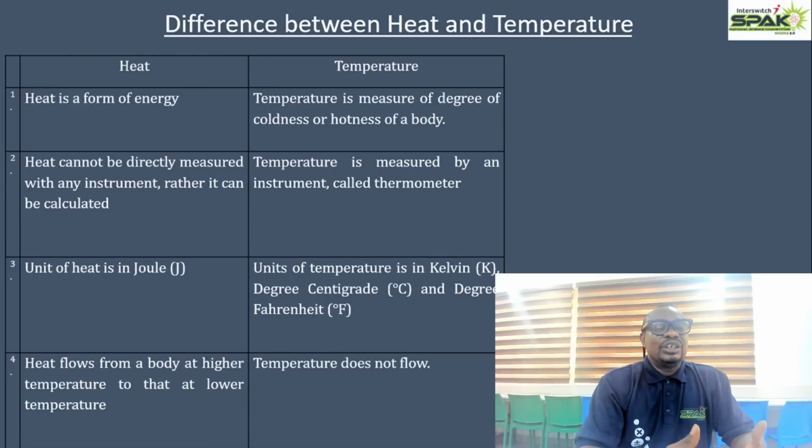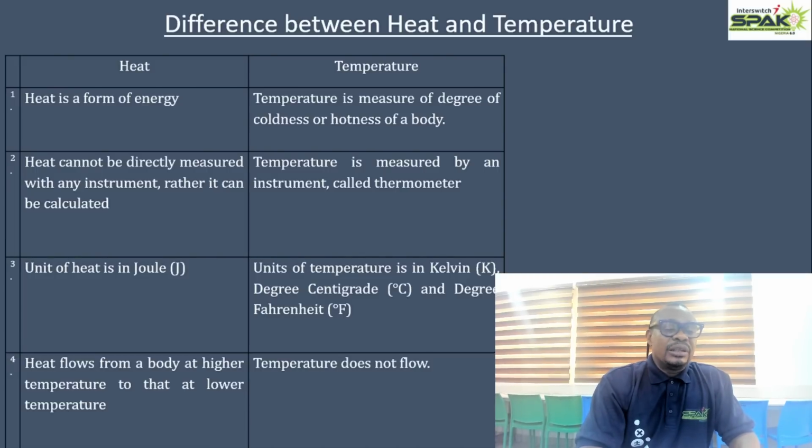The instrument used to determine heat energy is the calorimeter, while that for temperature is the thermometer. Using a thermometer, temperature can be determined directly, but with a calorimeter there has to be some form of calculation before you obtain the actual value of the heat energy involved. For units, the SI unit for heat is joules, and for temperature we have Kelvin, degree Celsius, Fahrenheit and the rest.